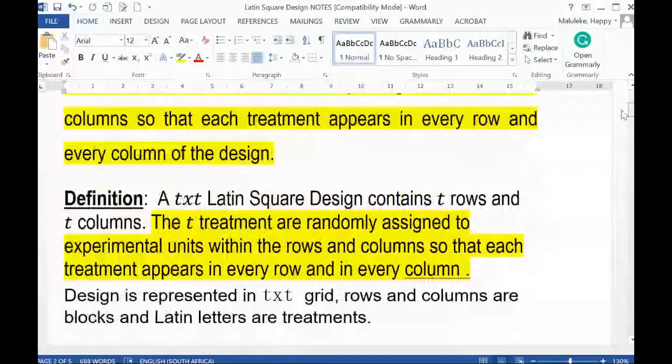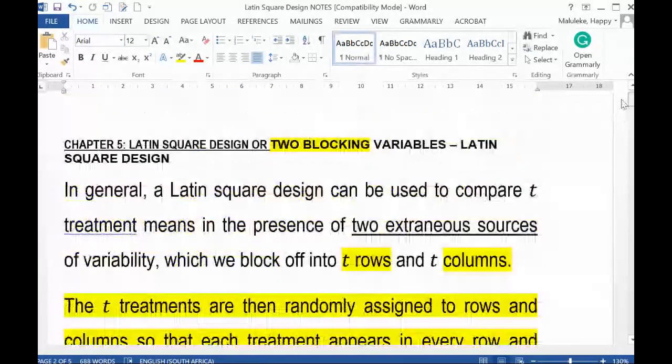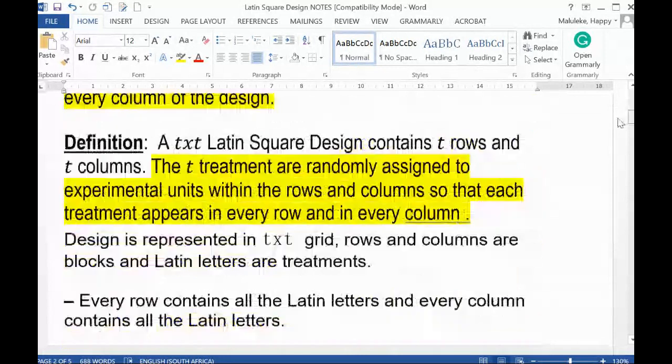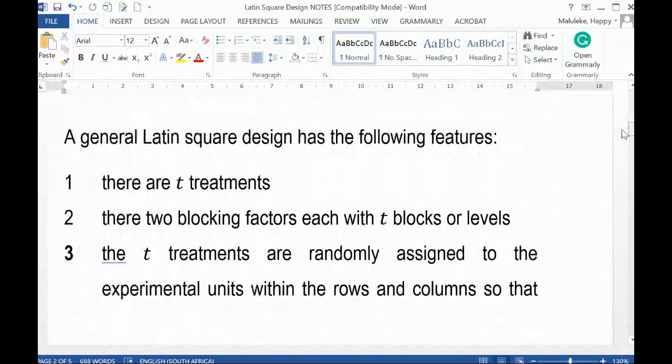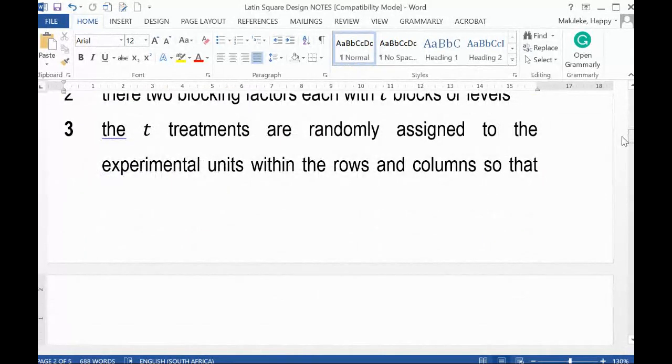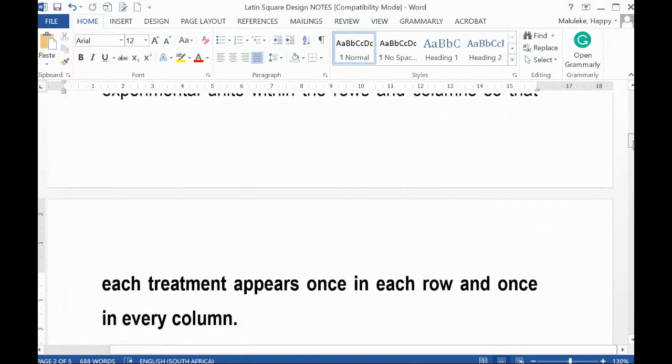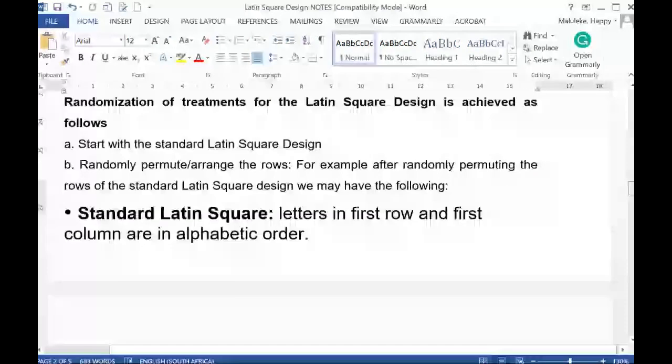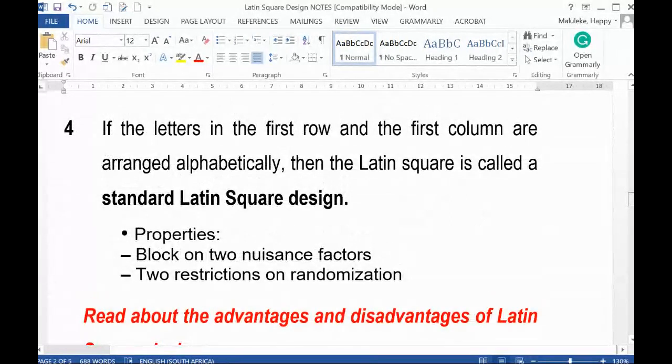And now, there's what we call a standard Latin square design. A standard Latin square design means each row and each column will have the alphabet arranged in alphabetical order.